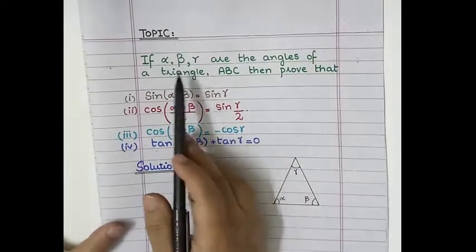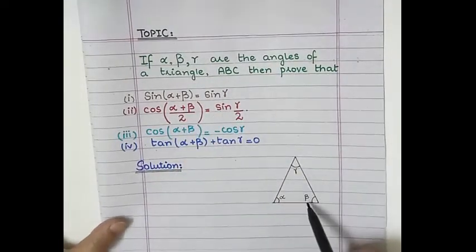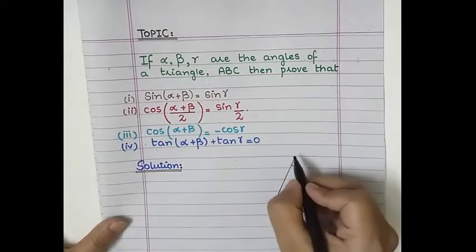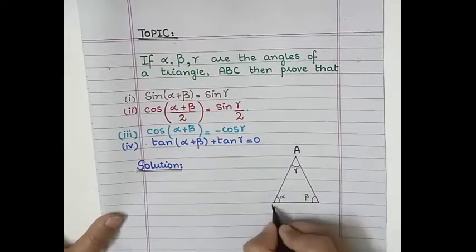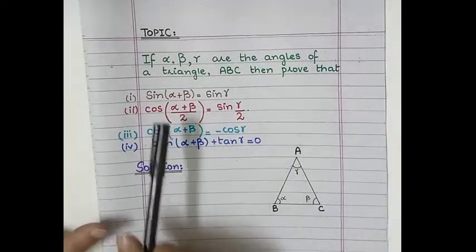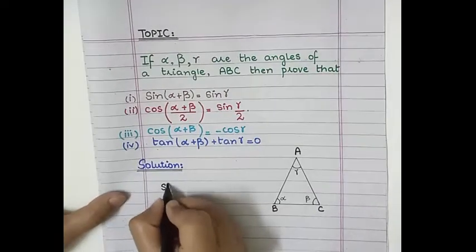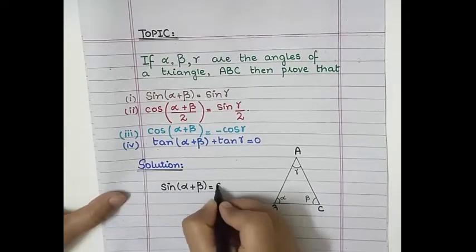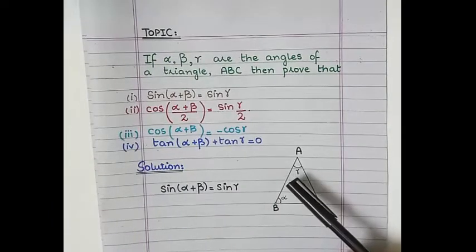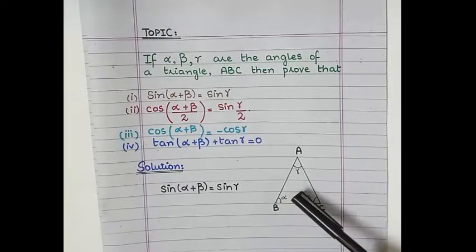So we have alpha, beta and gamma. They are the angles of a triangle which we label as A, B and C. Then the first proof is sine of alpha plus beta is equal to sine gamma. Now as we know, the sum of the interior angles of a triangle is equal to 180 degrees.